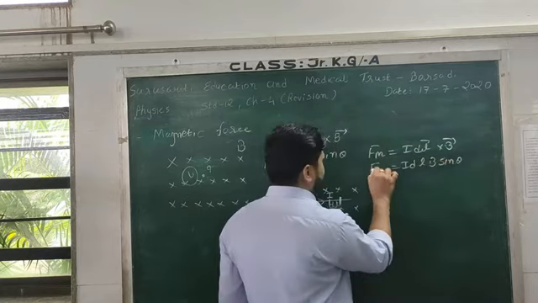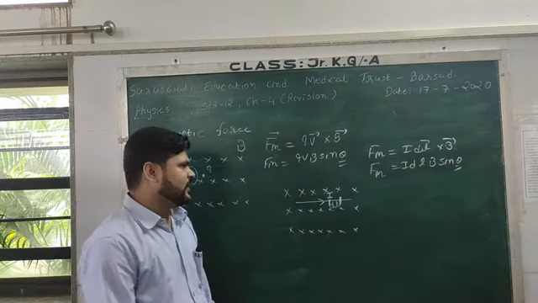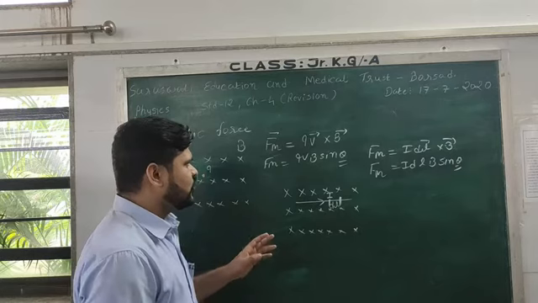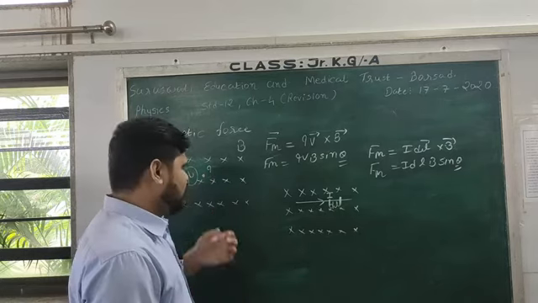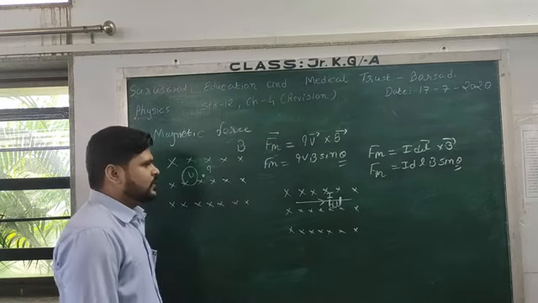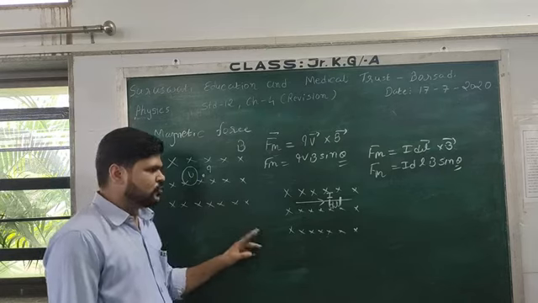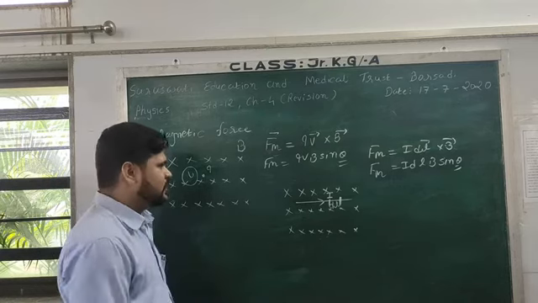Both magnetic forces depend on theta, so for both we should know the vector products, which we have already studied in standard 11th. You can be asked a 1 mark question, or to prove this theory of magnetic force in 2 or 3 marks.